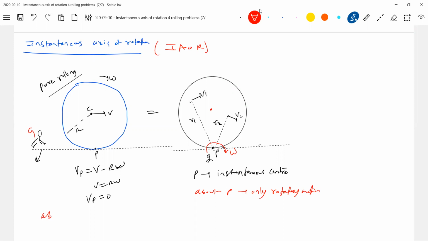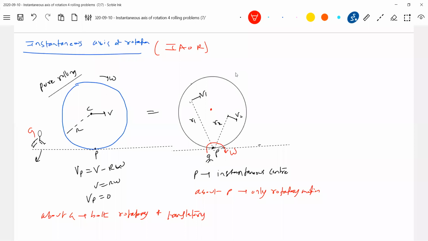About G, both rotatory and translatory. Are you getting the core idea?